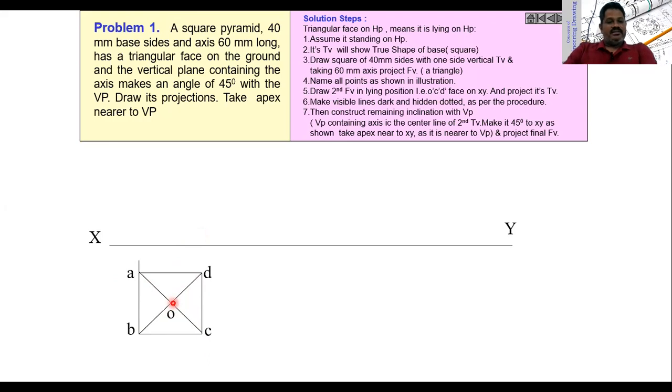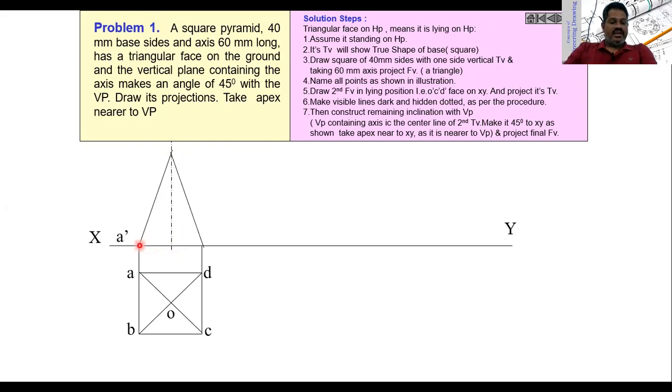Then project these points onto the XY line to draw the front view. Join these two lines, then locate the height, which is 60 mm. Take the compass, take the scale, and get the point here at a height of 60 mm. Join these points to get the triangle.